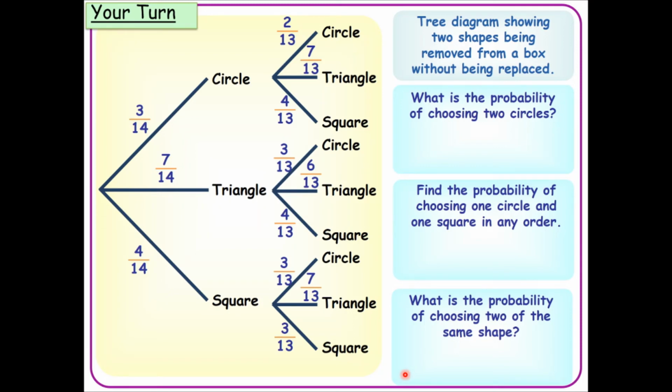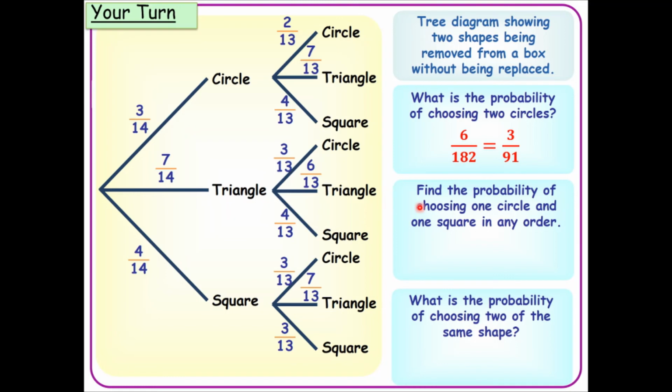So for this question, probability of choosing two circles, 3 over 14 times 2 over 13, and that gives me 6 over 182, and that can simplify to 3 over 91. Second part, probability of choosing one circle and one square in any order.